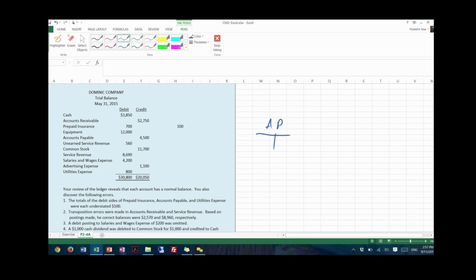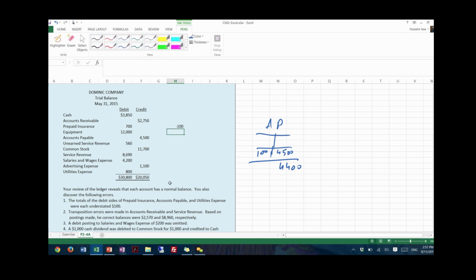The balance was 4,500, right? That's what's written. What did they tell you? That they omitted $100 from the debit side. You put it on the debit side. You recalculate the new balance. What's the new balance? 4,400. So basically you have here minus 100.